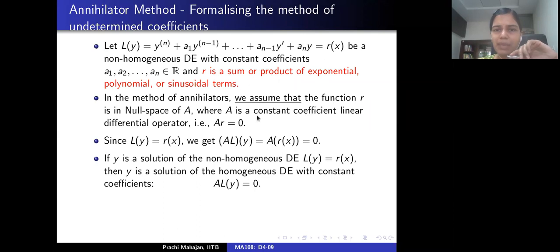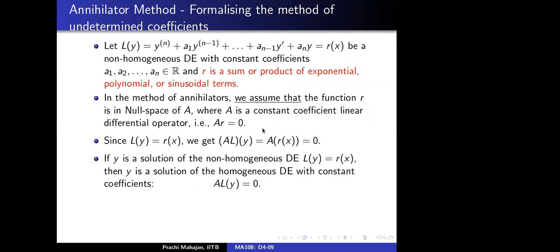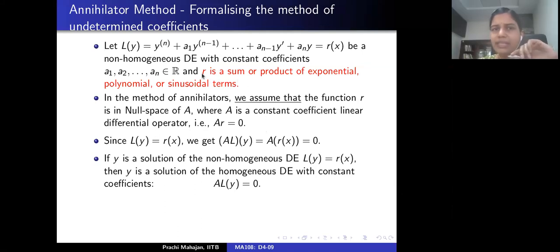Suppose that I am able to find a constant coefficient linear differential operator A such that R is in the null space of the operator A, which means that A applied to R is 0. We are looking at the method of undetermined coefficients, so R is either an exponential, a sine or cosine function, a polynomial, or their combination.